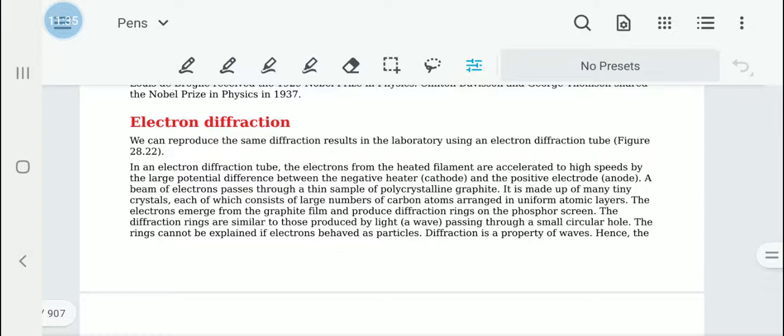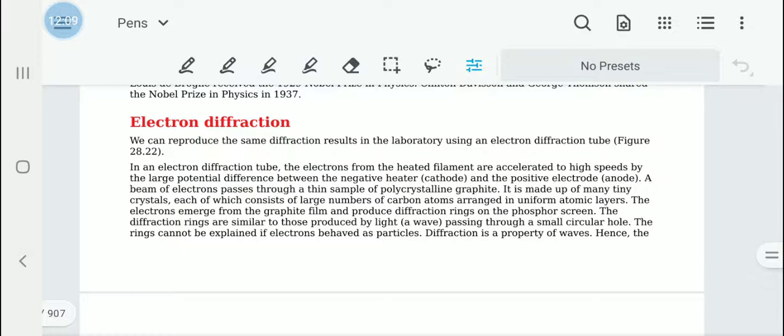In an electron diffraction tube, heated filaments release electrons, and they go through a large potential difference between the negative heater, that is the cathode, and the positive electrode, the anode. Then this beam of electrons goes through a sample of polycrystalline graphite.